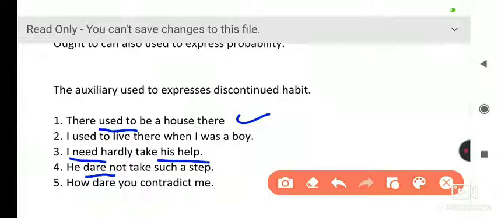So need hardly, used to, or dare: this type of auxiliaries, used to, need, dare, are used to express the discontinuation of action or habit in the sentence.